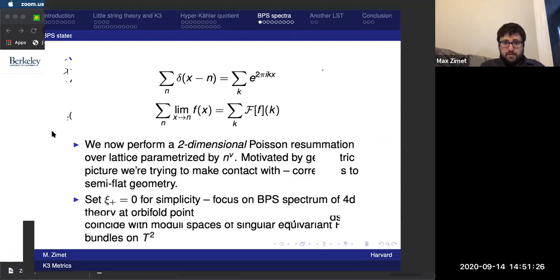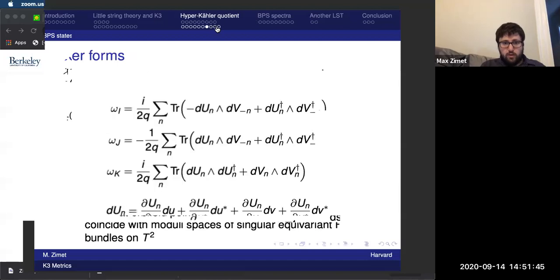Okay, cool. So the idea now is we're going to use the Poisson resummation identity. Motivated by the SYZ conjecture, we're going to only Poisson resum over part of the lattice. Remember, here we were dealing with sums over a 4-dimensional lattice, Z^4.